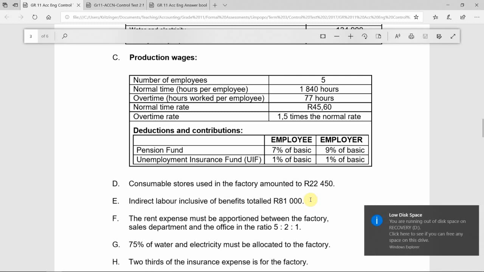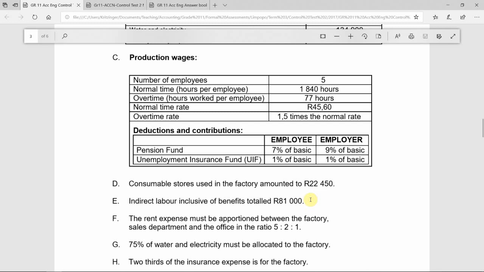But that which is not included is the employer's contributions. So that is a cost to the company. So to the company, whatever we pay our employee is one part of the cost. The other part is that which we as employer give as an additional benefit to the employee, that which we will transfer to the pension fund and the unemployment insurance fund, over and above that which was already deducted from their wages or salaries.